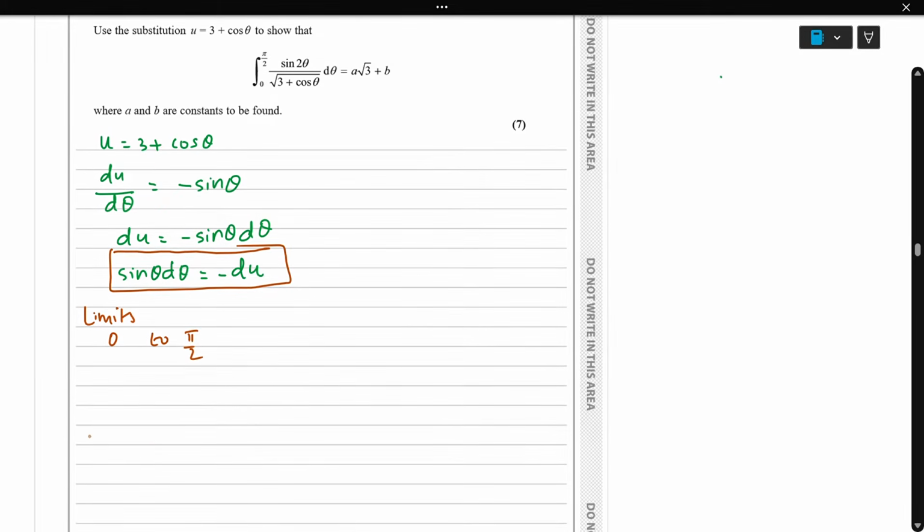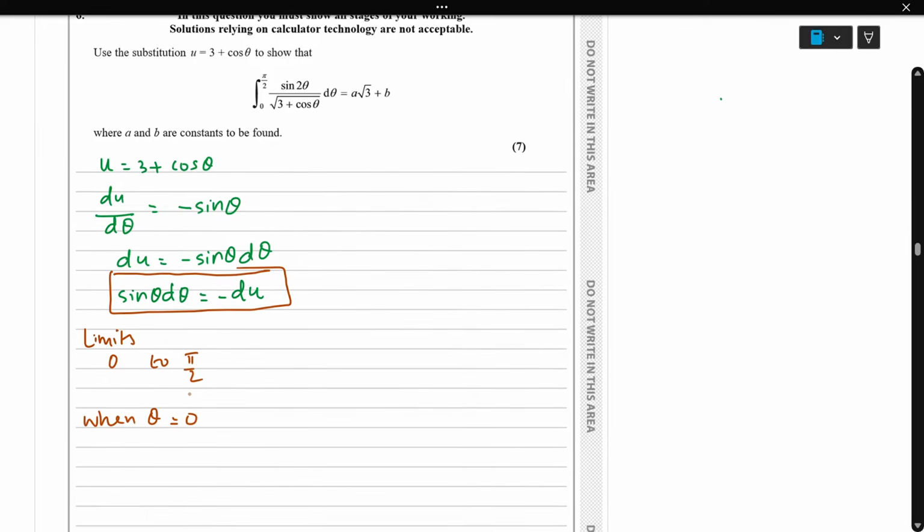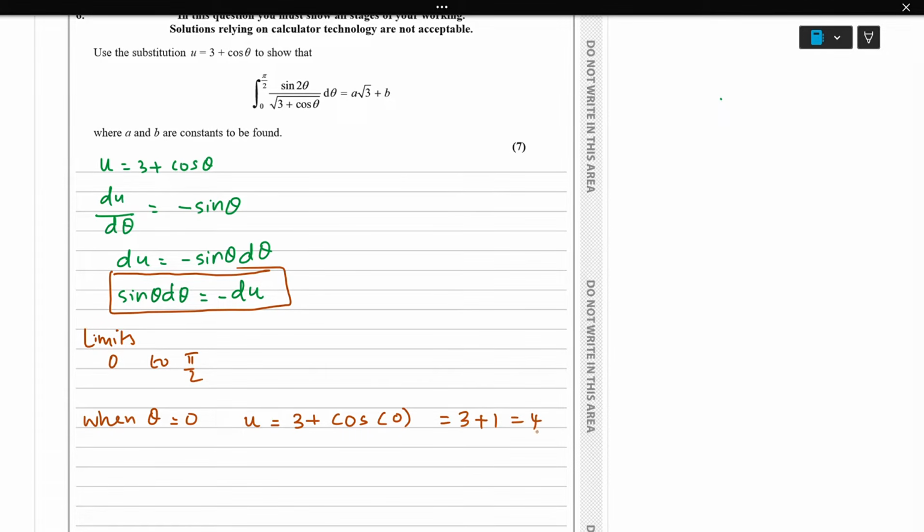So when theta equal to 0, u becomes 3 plus cos 0, which is 3 plus 1, so it is 4.